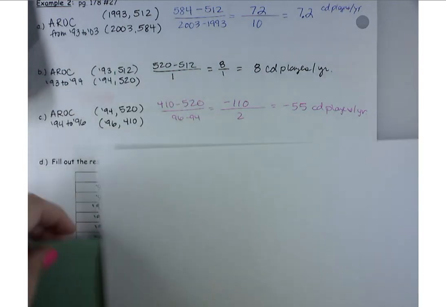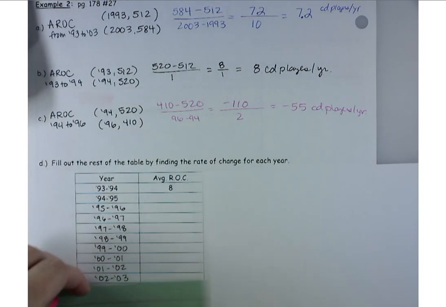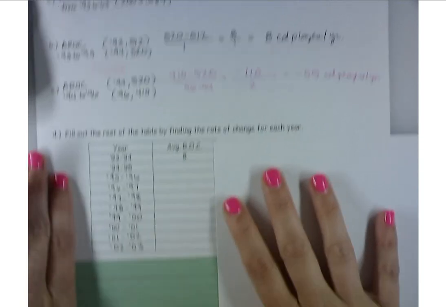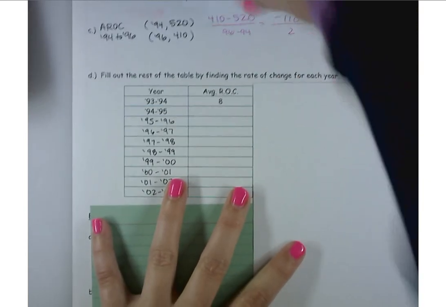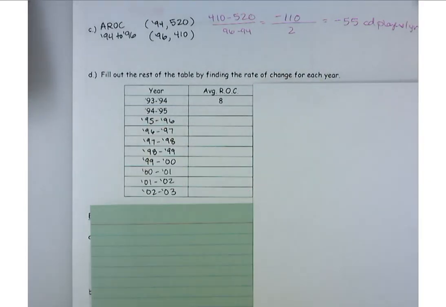All right, and then it says fill out the rest of the table by finding the rate of change for each year for D. And then there's also another question in your book that we're going to answer. So I just put the years there first. Now when you're filling out the table, the change in X is always going to be what number? It's always going to be 1. So really, what's the only thing you have to do for those? Subtract. You just have to subtract or find the change in sales, find the change in your Y values. Okay, so I'm going to give you some time right now to do that.